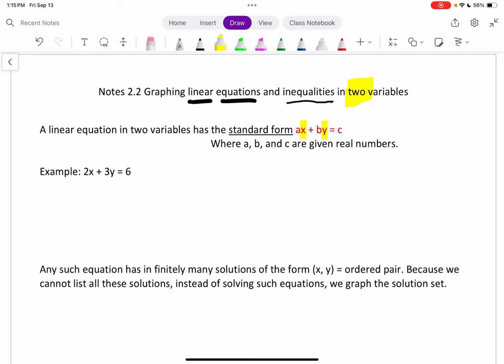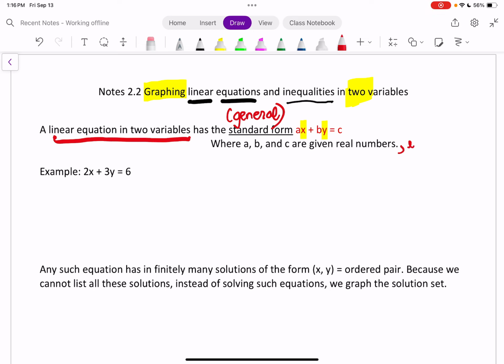The other thing that changes is that we won't say solving linear equations anymore. We'll be saying graphing, and I'll explain in a minute why that is so. So here it is. A linear equation in two variables has the standard, or sometimes we also call general, form ax plus by equals c, where a, b, and c are given numbers.